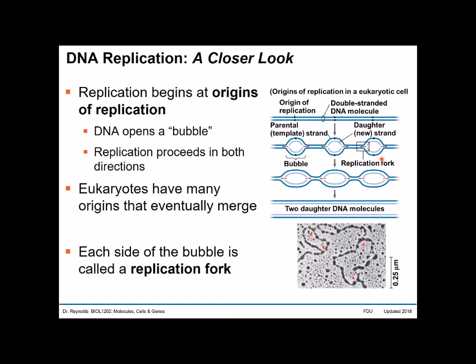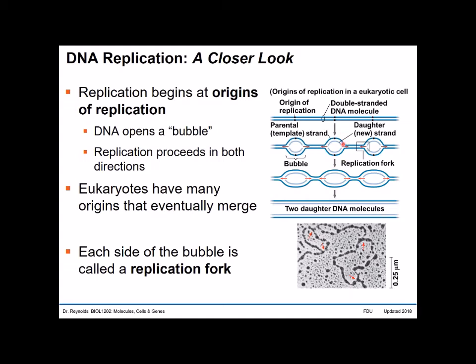In eukaryotes, this proceeds from many origins until eventually each of those merges and forms two unique daughter DNA molecules. You can see here bubbles that have formed in a chromosome. This bubble has proceeded significantly farther than, say, these bubbles. But eventually, they're each going to merge to form two new DNA daughter molecules.